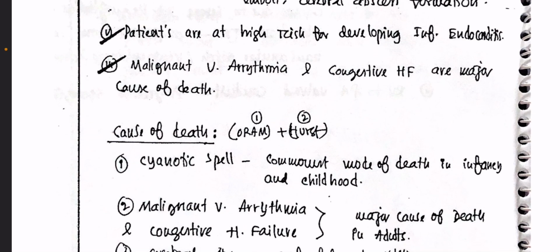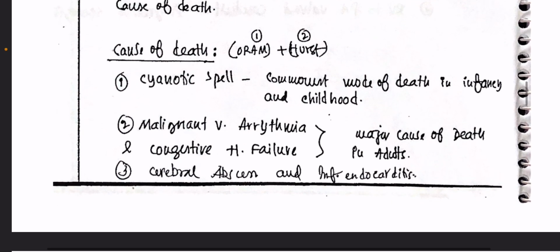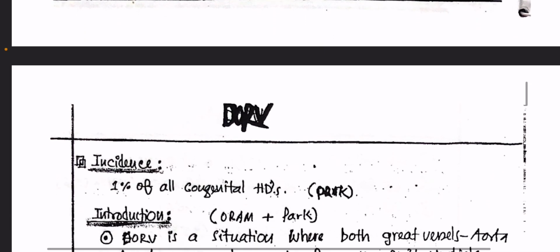Malignant ventricular arrhythmia and congestive heart failure are major causes of death. The causes of death are: cyanotic spell, the commonest mode of death in infancy and childhood; malignant ventricular arrhythmia and congestive heart failure, major causes of death in adults; cerebral abscess and infective endocarditis.